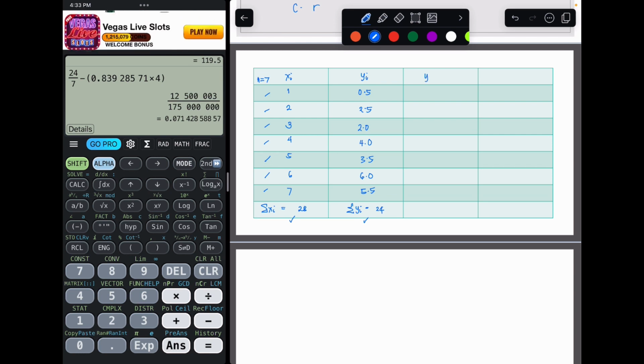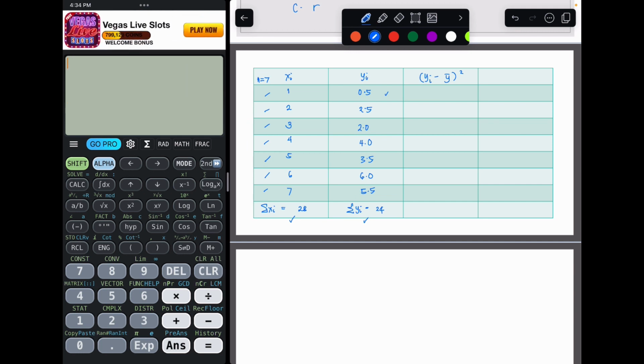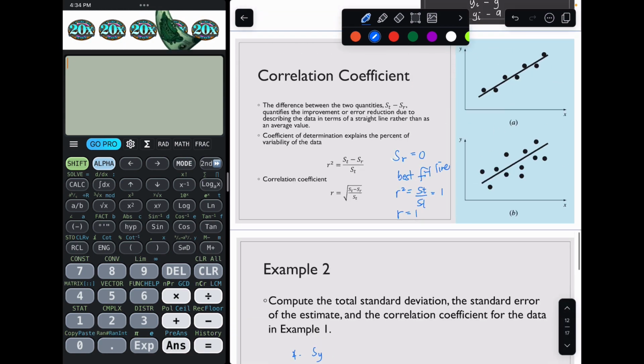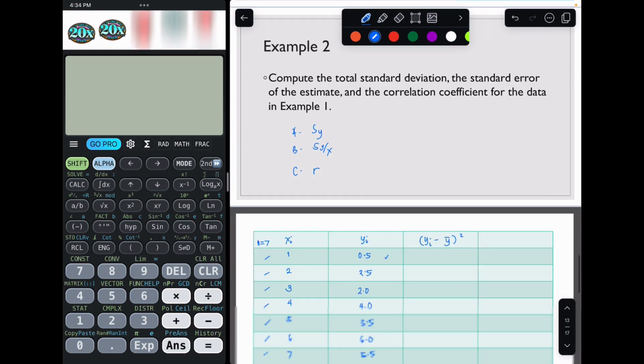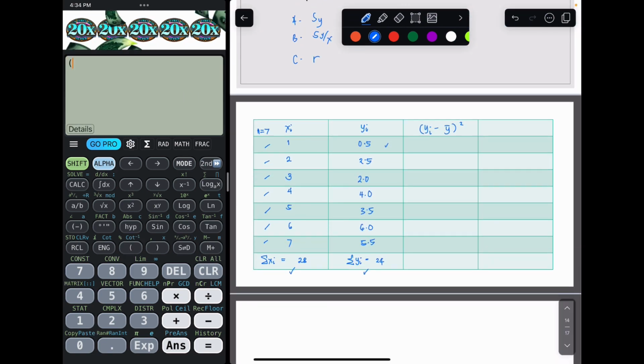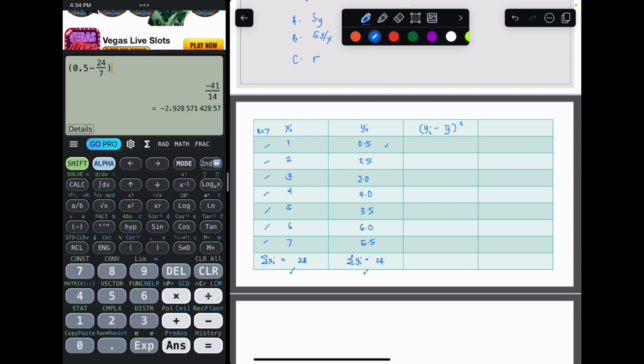So we have y sub i minus the average, then square it. So how do we get that one? y sub i is this one, which is 0.5. We need to get first what y bar is. y bar is 24 over 7. So it will be 0.5 minus 24 over 7, and then square it.